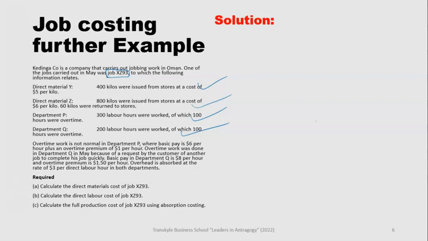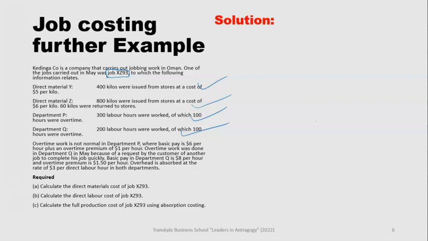Okay, overtime work is not normal in Department P, where basic pay is $6 per hour plus overtime premium of $1 per hour. Alright, so they're being given $6 per hour plus overtime of $1 per hour. So when you work overtime, you get your basic $6 plus a premium of $1 per hour.